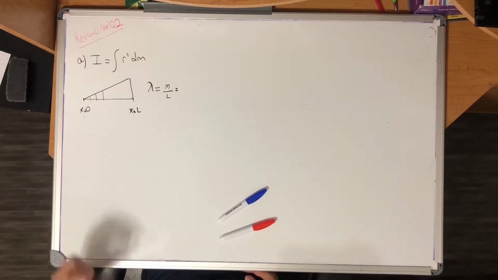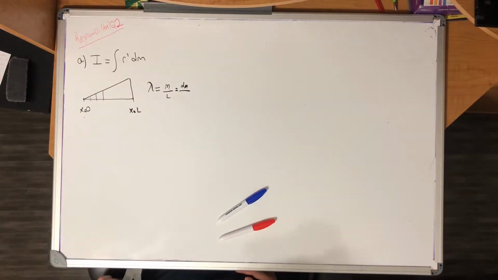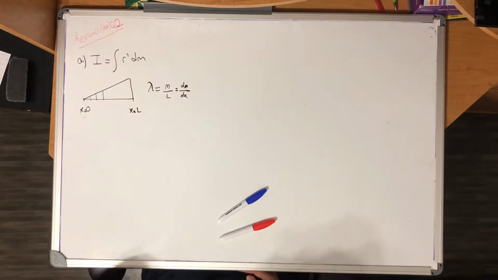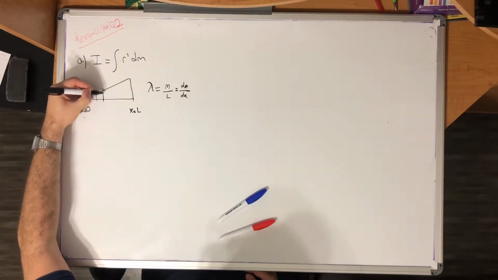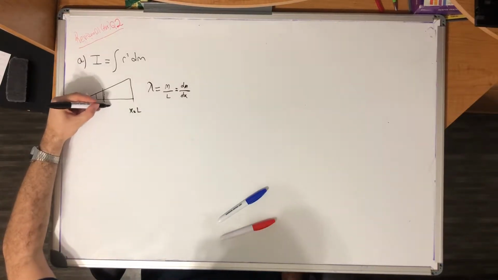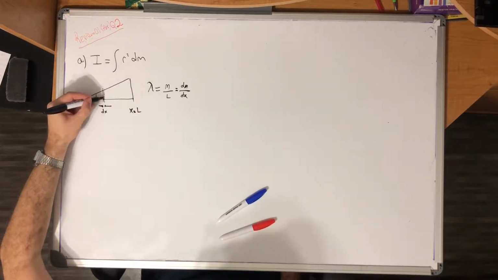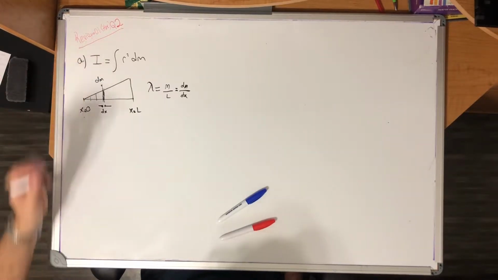If you would like to consider it the calculus way, then you can say that a tiny distance dx is going to have a tiny mass dm. What does that mean? For example, you cut this portion. dm over dx means that in that tiny thickness dx you are going to have some mass, and this mass is known as dm.